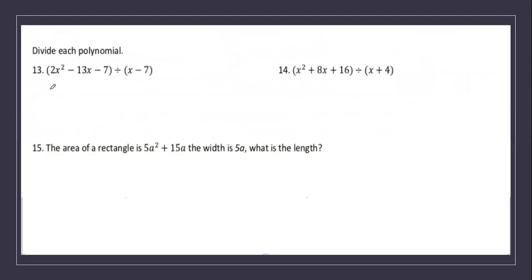For the last 3 examples, I'm dividing polynomials, so I want to factor my numerator and my denominator, and then simplify. So I'm going to start by factoring this trinomial here. So I have 2 times negative 7 is negative 14, and my b is negative 13. I know negative 14 and 1 would give me those numbers.